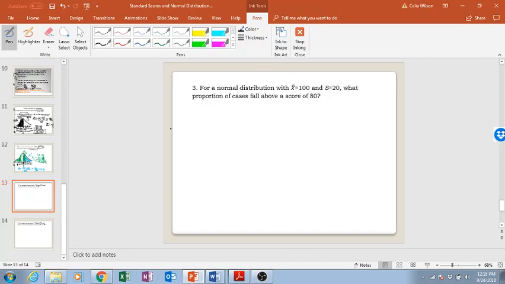So I'm going to draw it, but then I think we'll be able to use what we've done already to help us. And I'm going to draw my z-score line down here too, just so I have some room. All right, 1, 2, 3, 1, 2, 3. And I know that this is 100, standard deviation of 20. So it's asking about 80. So I know my 80 is right here, which is going to be equal to a z-score of what? -1 again.